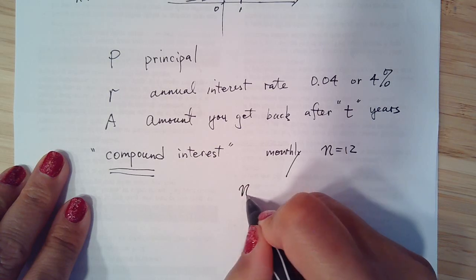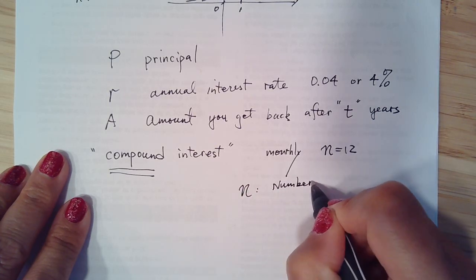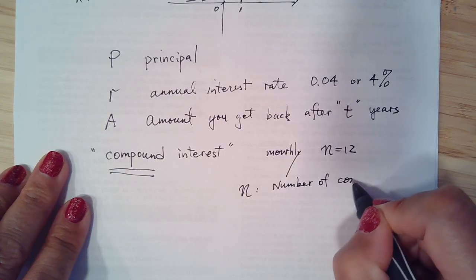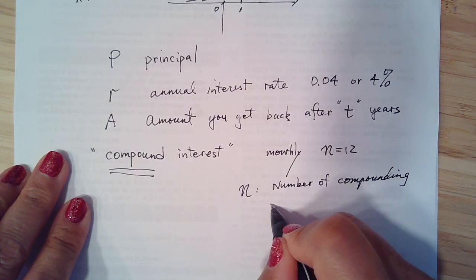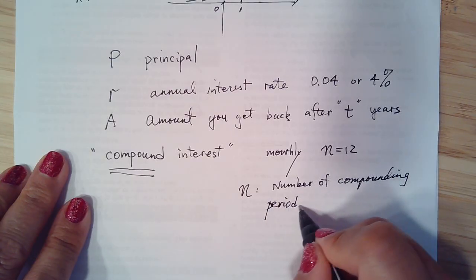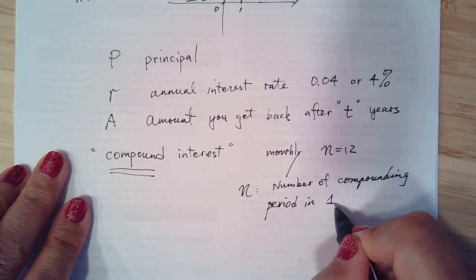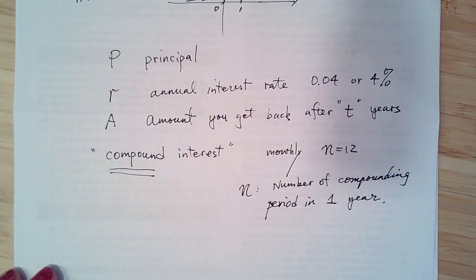So n is the number of compounding periods in 1 year.